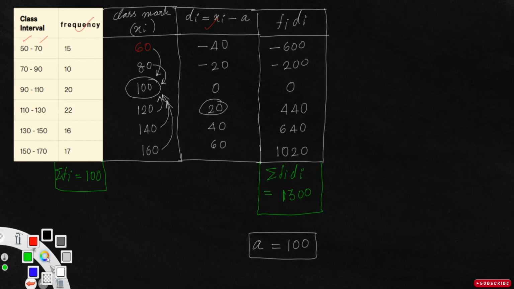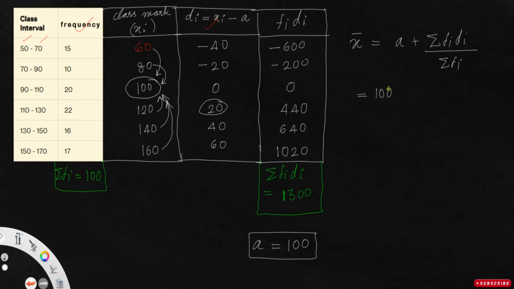Now what's the formula for the assumed mean? We have mean x bar equal to a plus sigma fidi divided by sigma fi. This is the formula for finding the mean through the assumed mean method. We know a is 100. 100 plus sigma fidi is 1300 divided by sigma fi is 100.